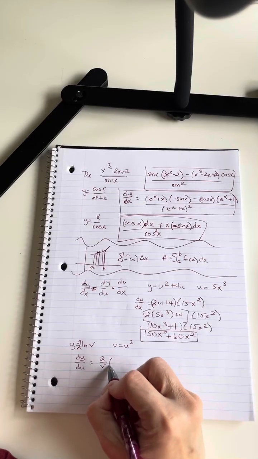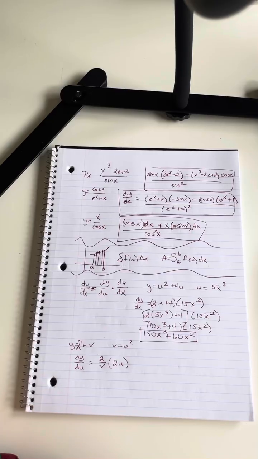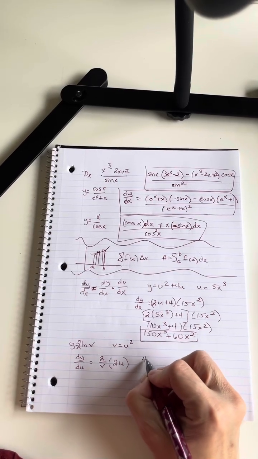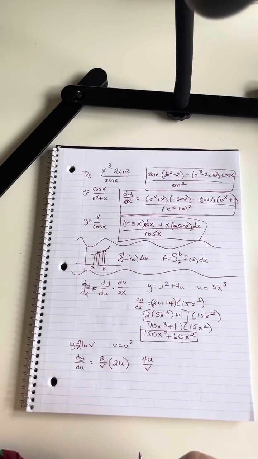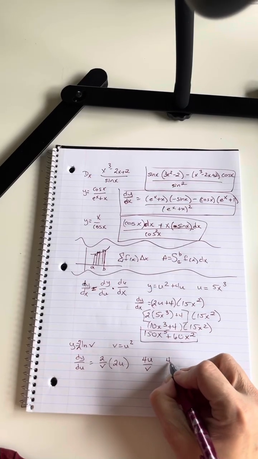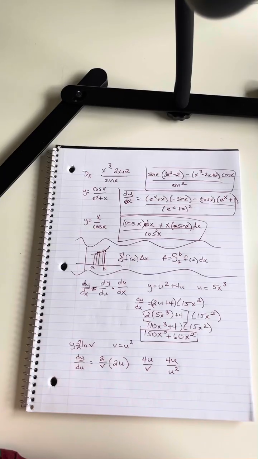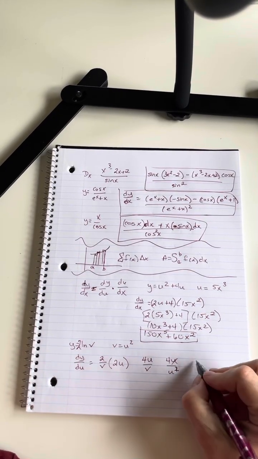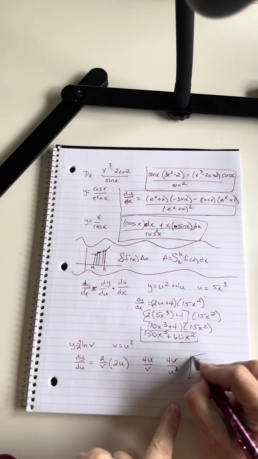And then the derivative here is 2u to the first power. And that, if I simplify it, becomes 4u over v. And now the substitution I need to put in is for the v. So 4u over u squared. And the u over u, these are going to cancel one off and one off. So that just leaves me 4 over top of u.